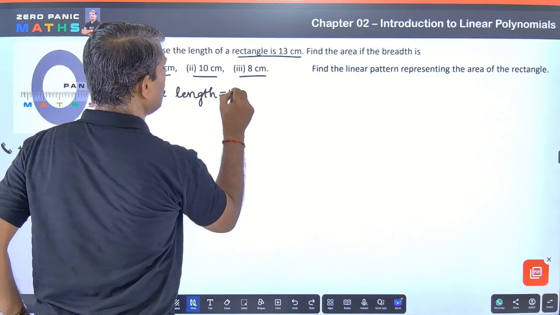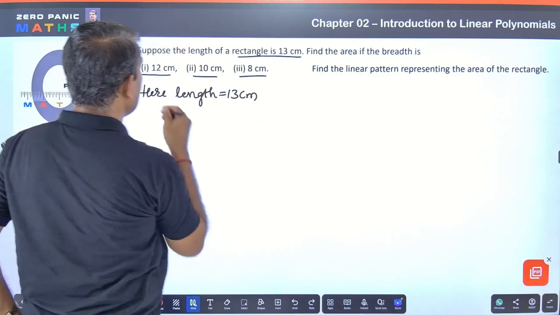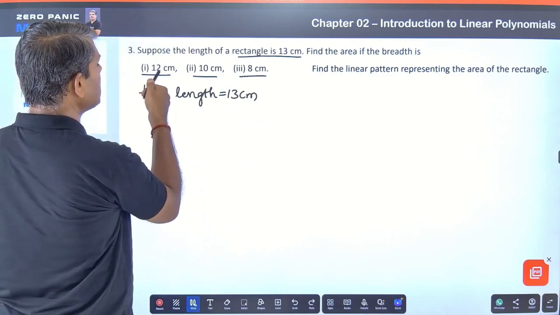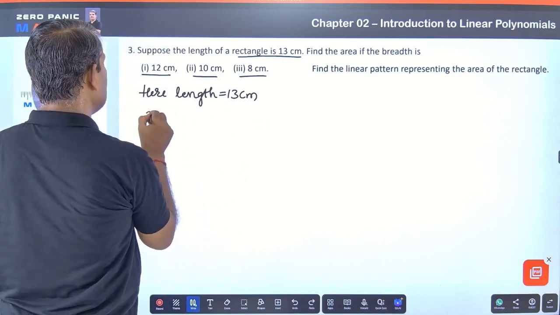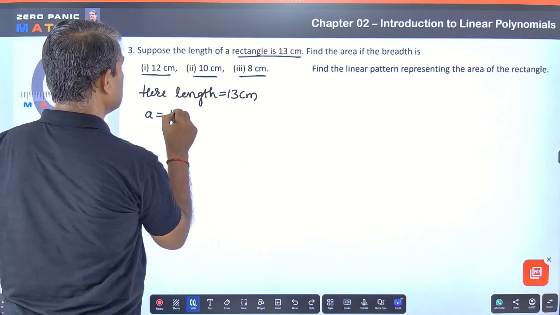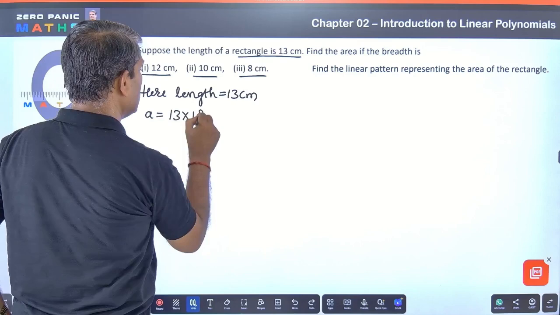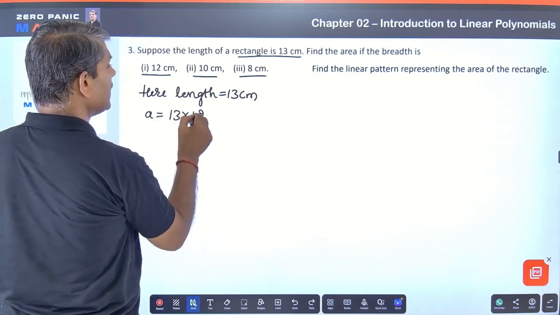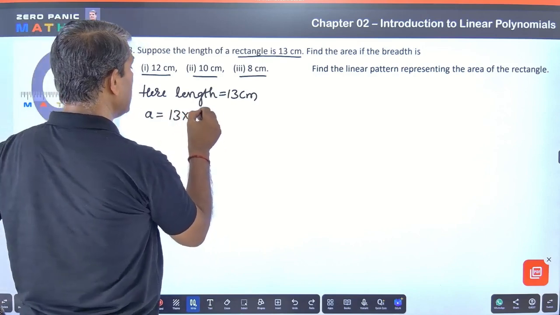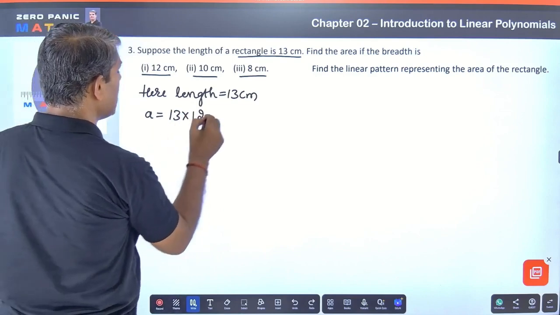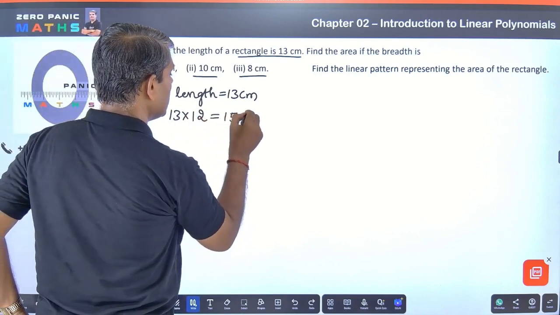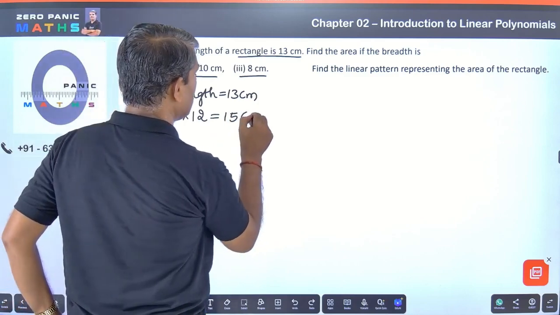Length is equal to 13 centimeter fixed, and for 12 centimeter, area is equal to 13 into 12. That is 13 times 30 plus 26, that is 156 centimeter square.